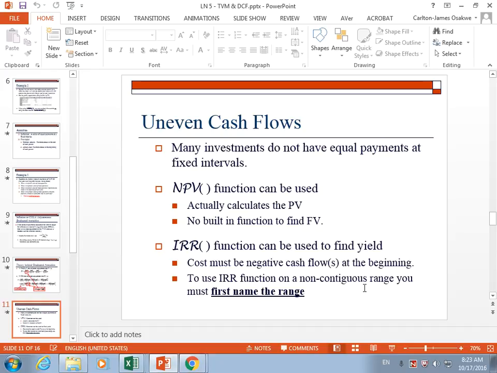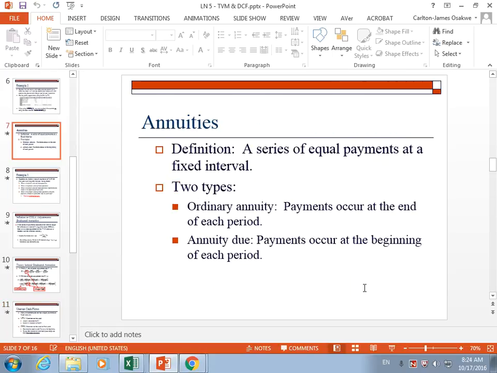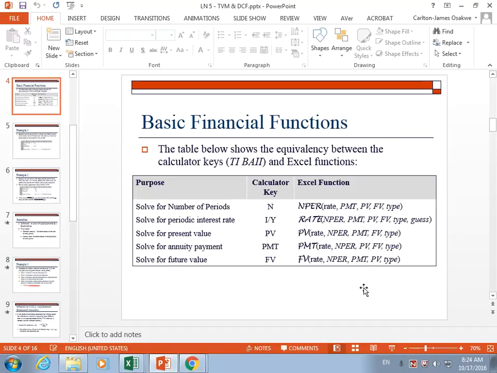With uneven cash flows, instead of using the PV function and instead of using the payment function or the rate function to find the interest rates or the present value, that is, with even cash flows, these are the functions that we use. We use the PV function, the payment function, the FV function, and the interest rate, the rate function, and the number of years.